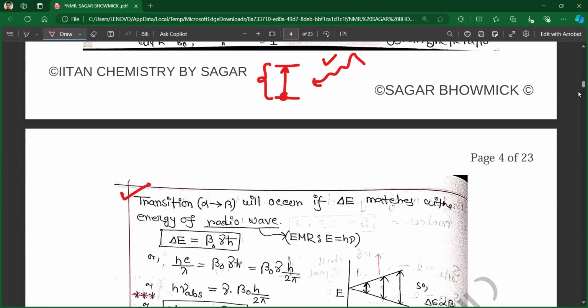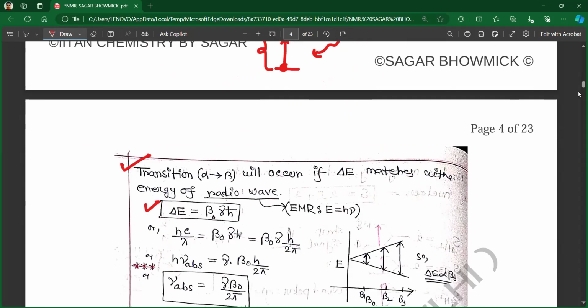Now, we know delta E equal to gamma B naught H cross. We know delta E equal to H nu absorbed. Delta E equal to gamma B naught H cross.